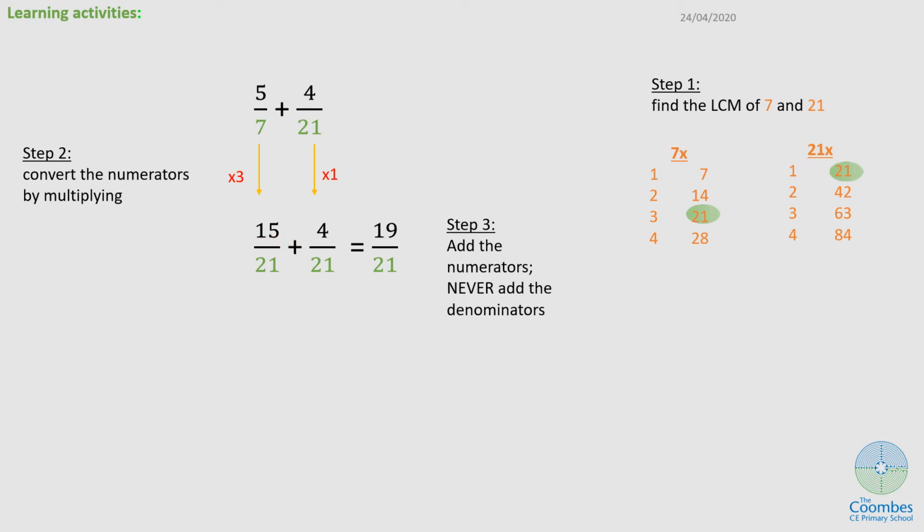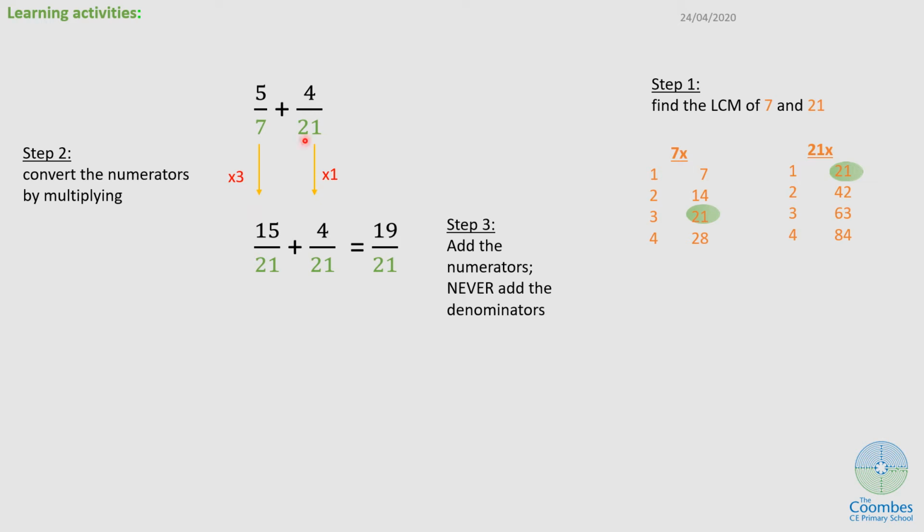Okay, how do I get my 15 here? Now first you have to note, for me to get the 21 here, using the times table, I actually multiplied 7 by 3. So 7 times 3 will give me the 21. So in the same way, I have to multiply this 5 by 3 to give me 15.